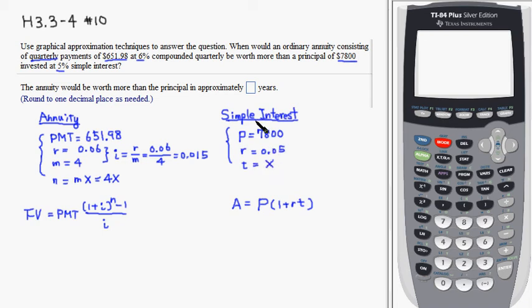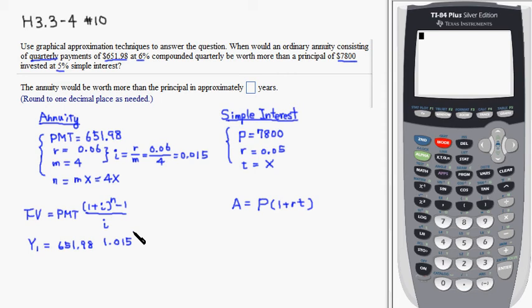All right, so we're going to sketch both of these and try to look for the intersection. In a calculator, we'll use Y1 for the future value of the annuity. So payment 651.98, times 1.015 raised to the n.